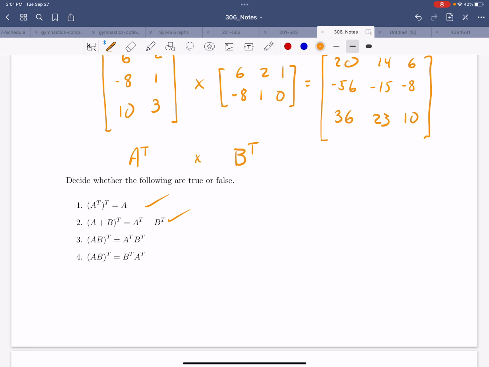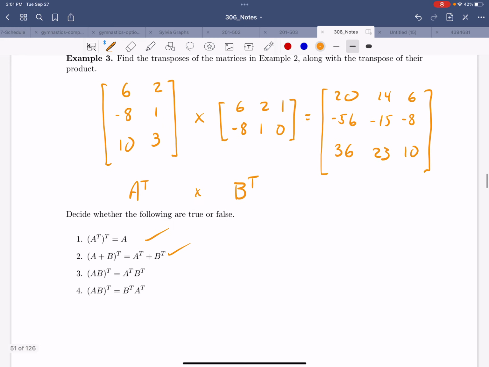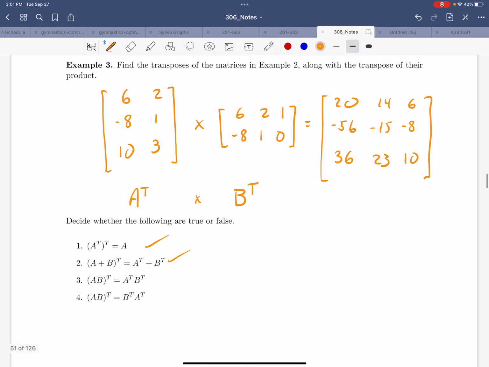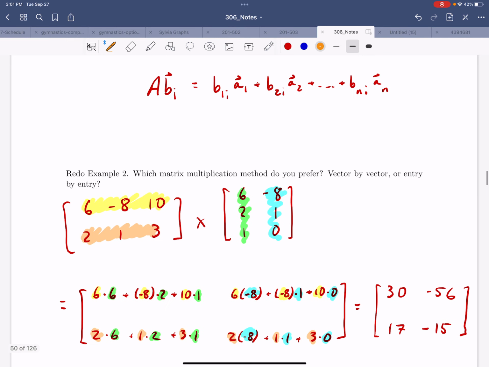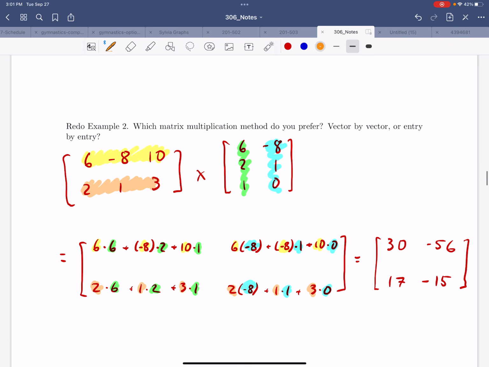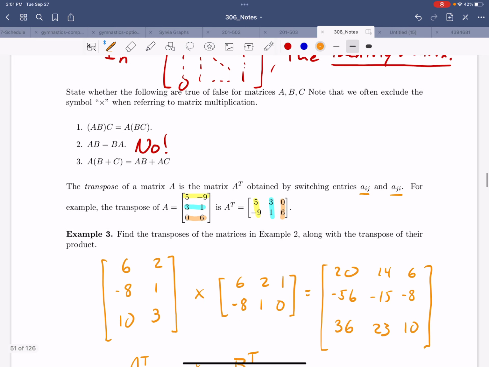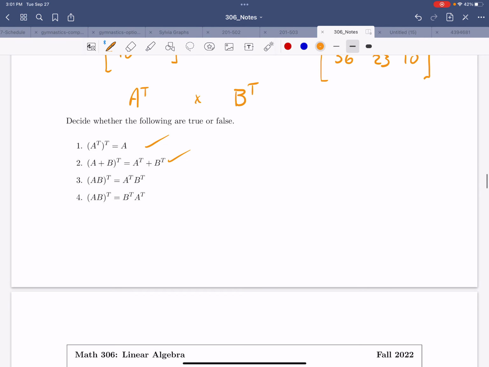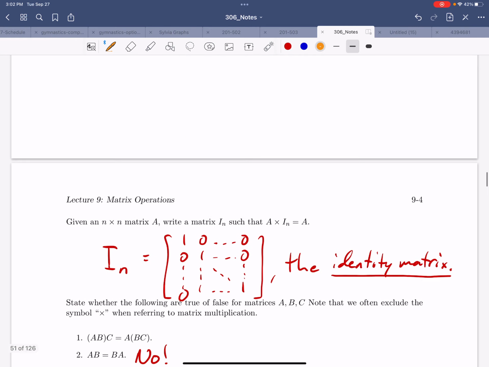Multiplication: if you try it out, the transpose, let's take a look at this. When we multiply those 2 matrices, we got 30, negative 56, 17, 15. So let's write that out. In our example, AB transpose equals the matrix 30, negative 56, and so on.